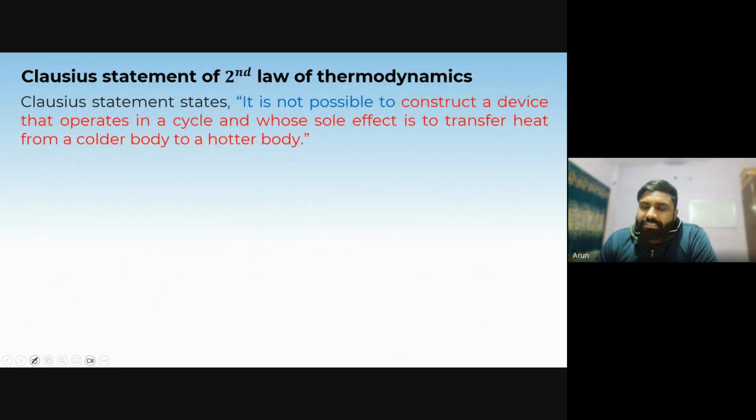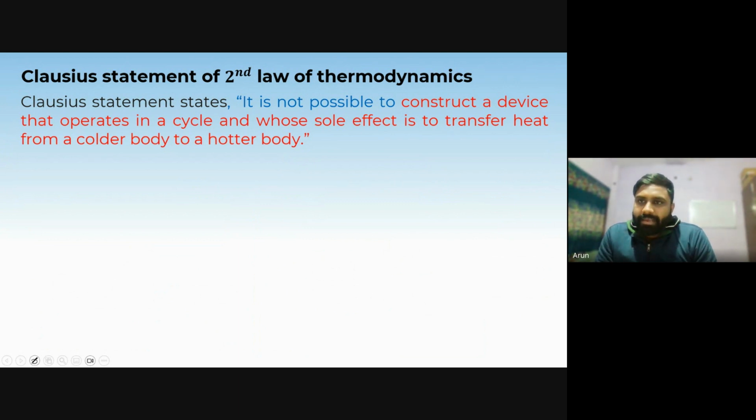Now the Clausius statement states that it is not possible to construct a device that operates in a cycle and whose sole effect is to transfer heat from a colder body to a hotter body. Okay, so in easy words, it is impossible to construct such a device which can take heat from the colder source and supply it to the hotter source.